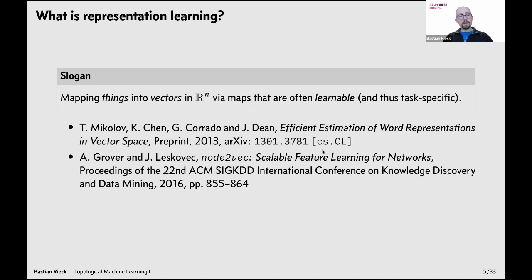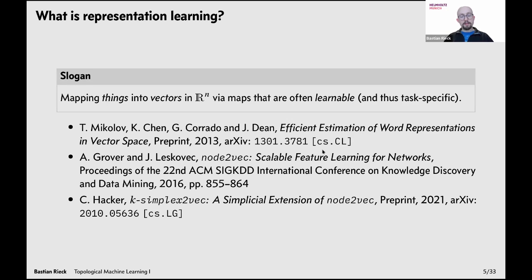For instance, there's a Node2vec approximation of this. This is a 2016 publication, which is used to embed graphs, or more specifically nodes of graphs, into high-dimensional vector spaces. And then very recent work in mathematical terms is work by my colleague and friend Celia Hacker. It's called K-simplex2vec. It's a simplicial extension of Node2vec.